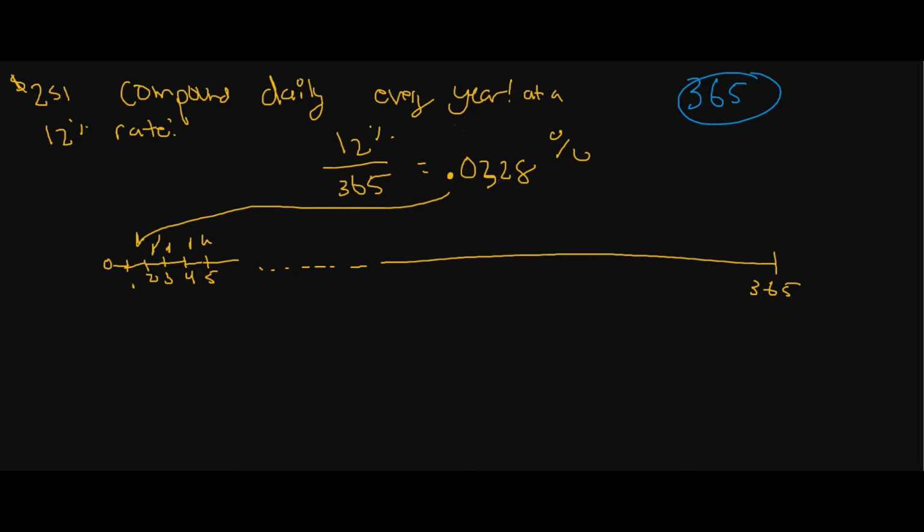Well, now that we got our percentage, we just continue on. We're going to keep 100% of my original balance plus 0.0328, and we're going to get 100.0328%. Divide by 100 to turn this to a decimal.